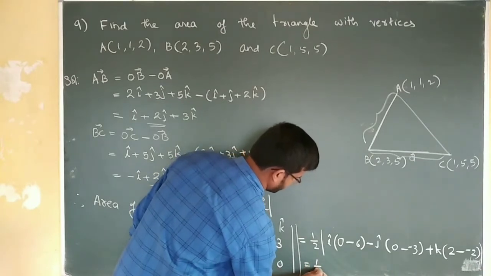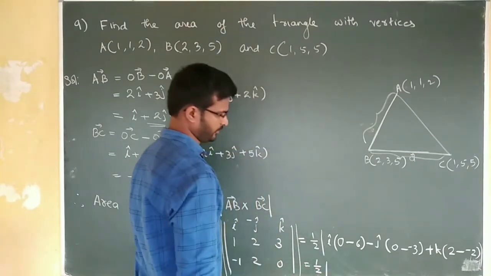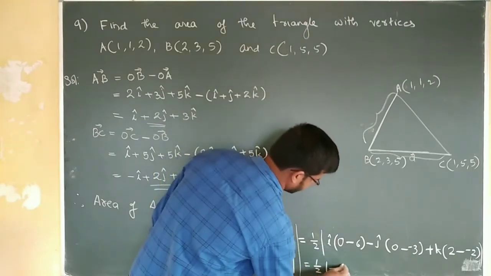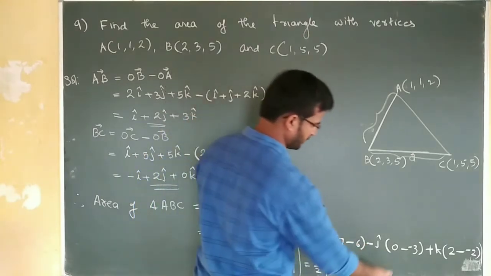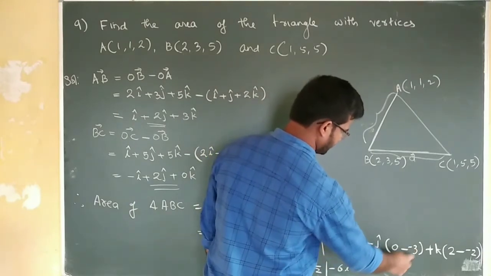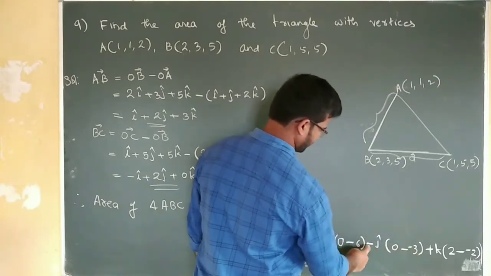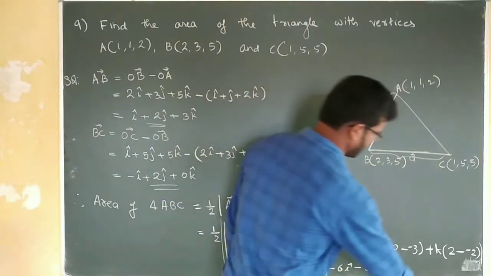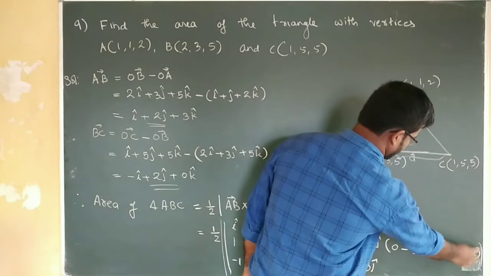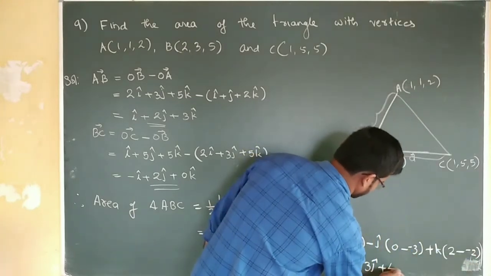Equal to 1 by 2 magnitude of minus 6i, 0 minus 6 is minus 6, isn't it? Then minus into minus plus 3j, and the last part is minus into minus plus 4 k vector.